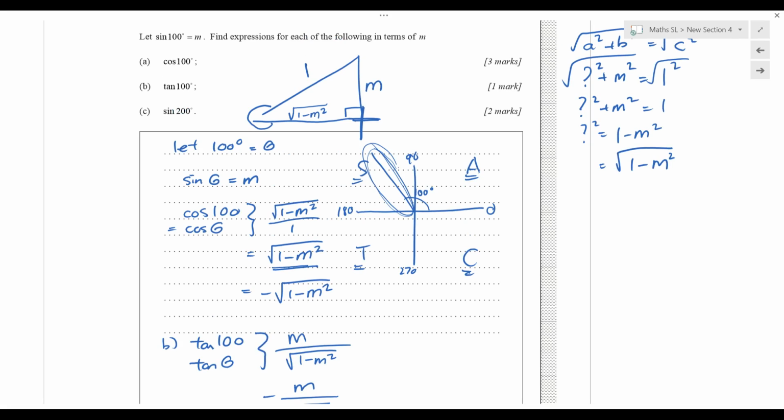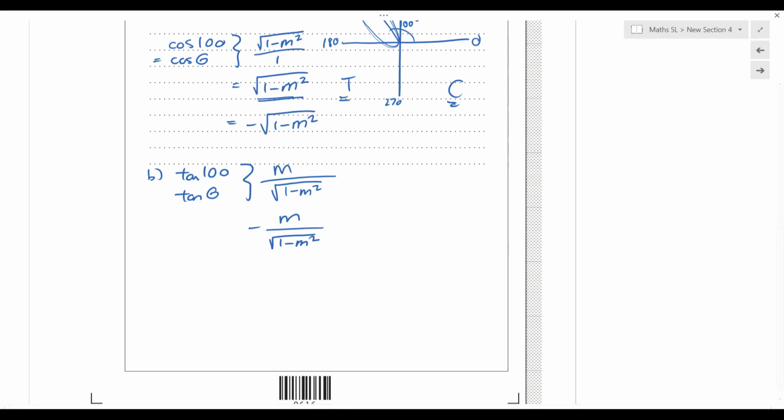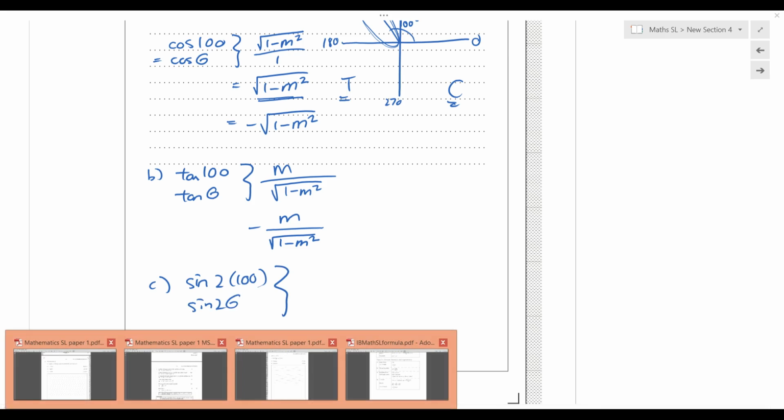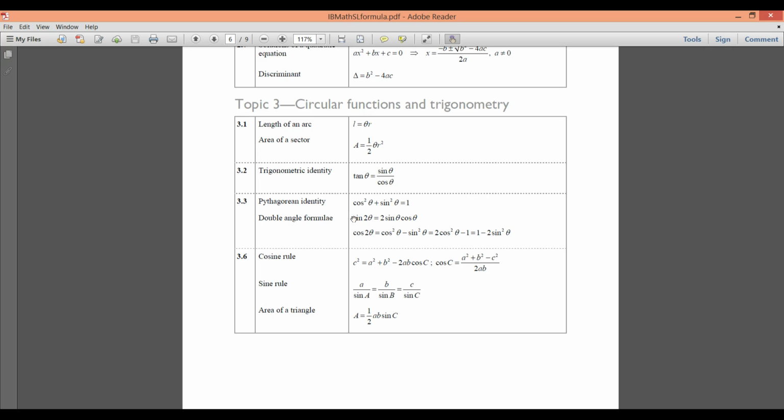Okay, next part. It asks you for sine 200. Well, 200 is made of two 100s, huh? So easily we can consider this as a double angle formula. We can write sine 2 times 100, so it's actually just sine 2 theta. Remembering our formula, the double angle formula states that sine 2 theta equals 2 sine theta cos theta.